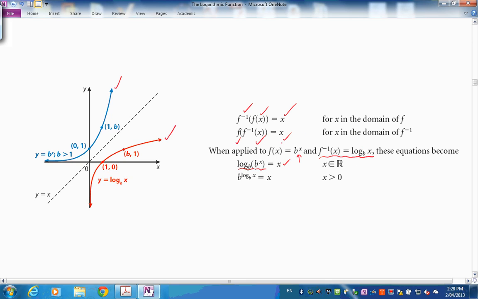Now let's do our function to our proposed inverse. So there's b, and we'll raise it to our inverse, log to the base b of x, and from the definition, yes, it does give x.